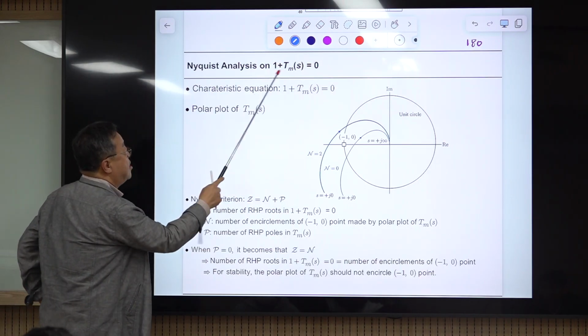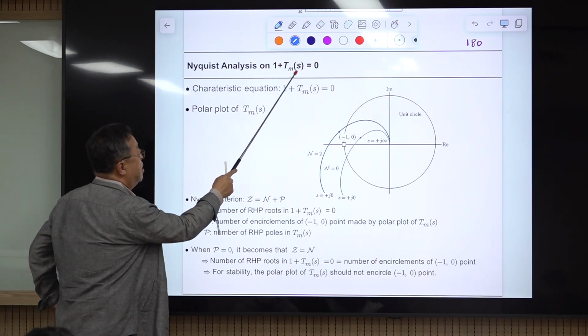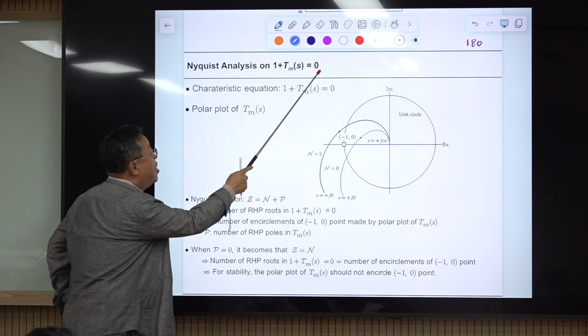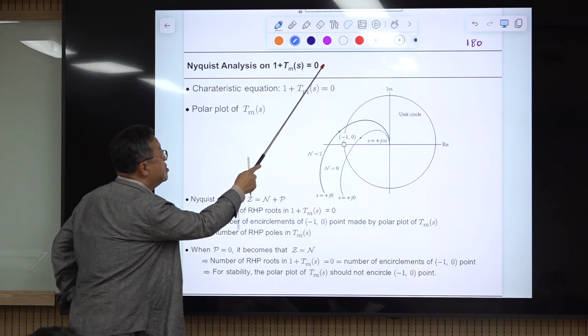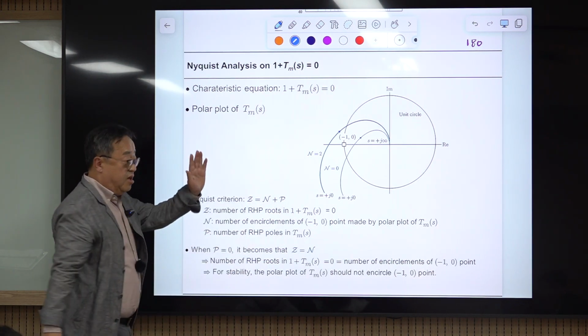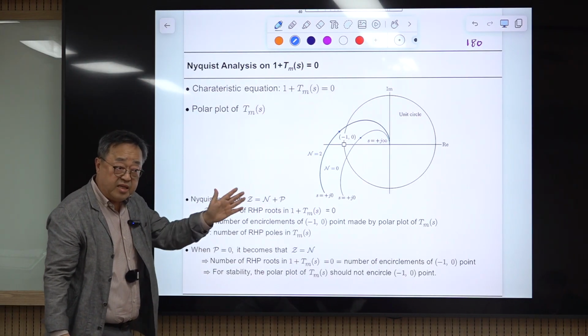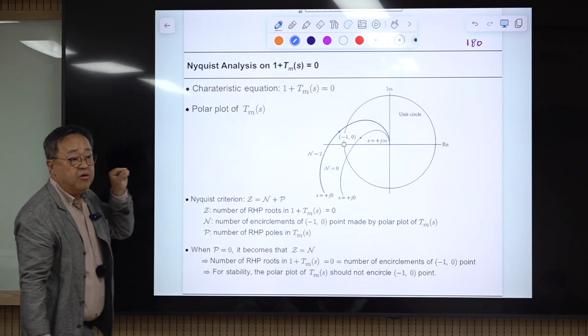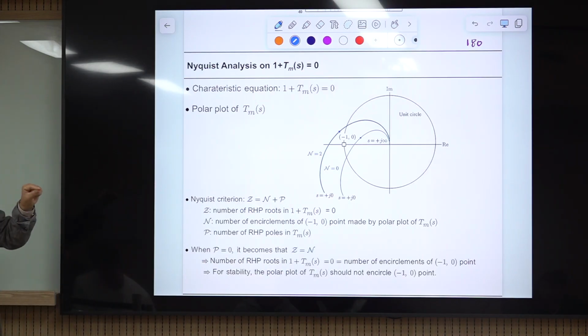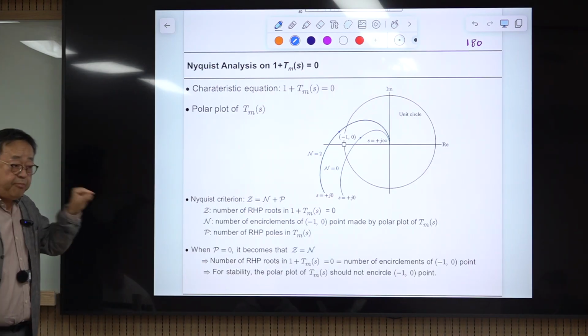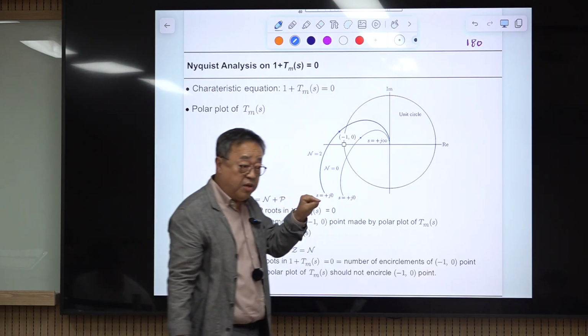There is a special equation, 1 plus TMS equals 0. We want to know if a root of this equation is on the right half plane side. If there are one or more poles on the right half plane side, then the system is unstable.